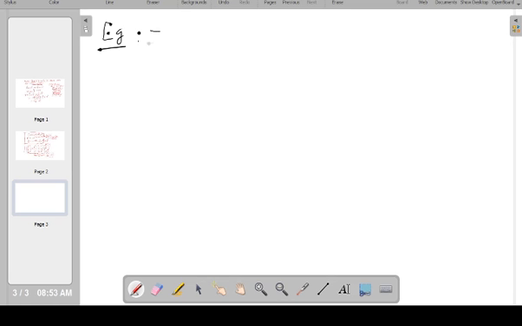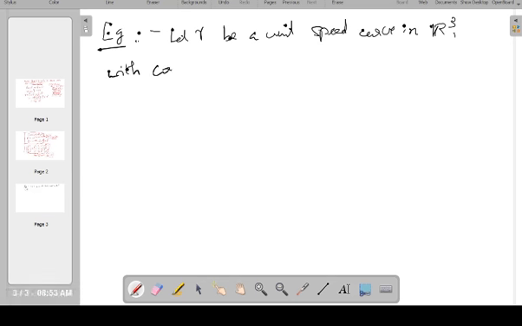Let gamma be a unit speed curve in R3 with constant curvature kappa, and torsion tau equal to 0.